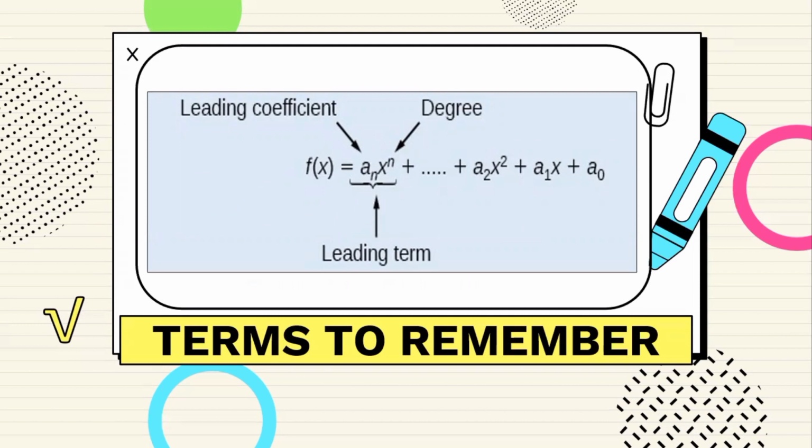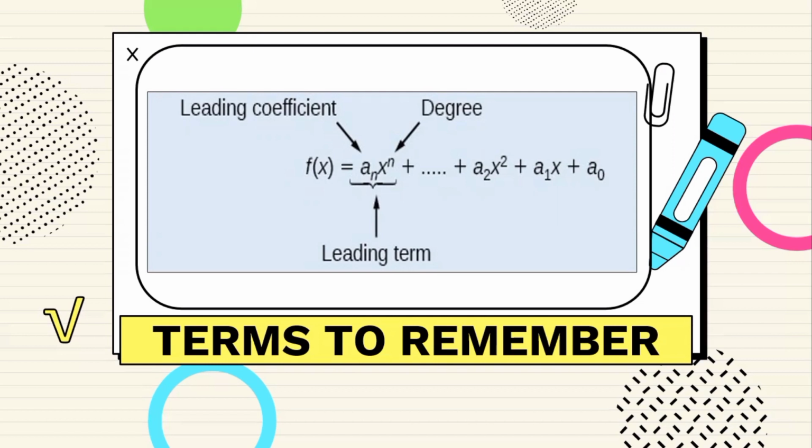We have the leading coefficient, the leading term, and the degree of the given function. The leading coefficient is the A; we are referring to the numerical coefficient of the leading term.